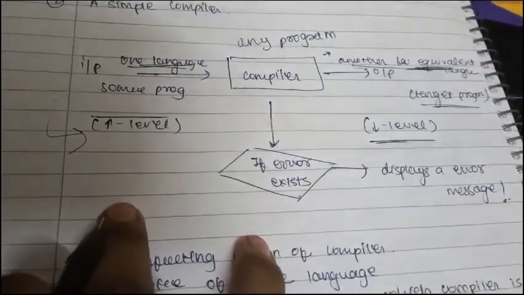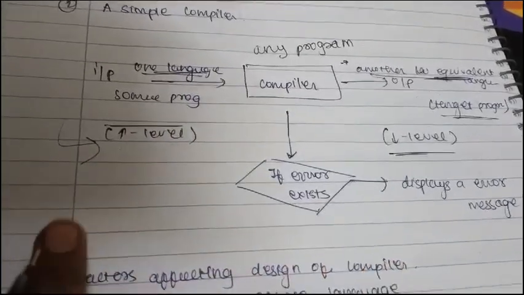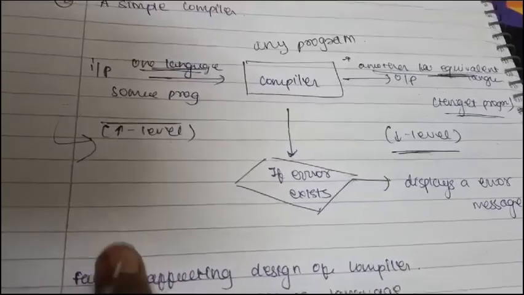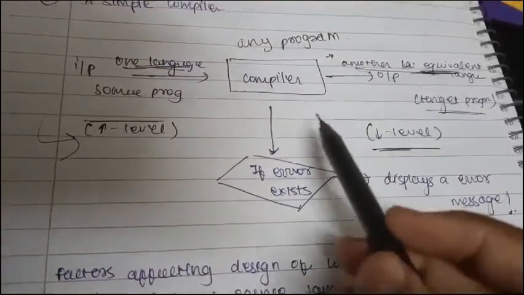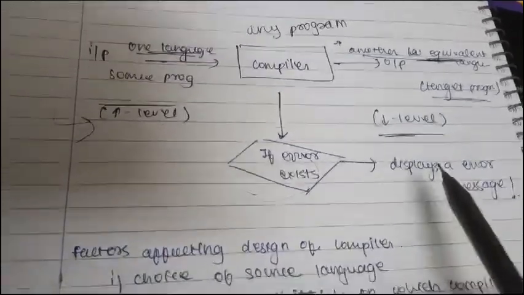Now during this translation process, if it encounters any errors, as we have seen in the functions of the translator, it raises the error. If any error exists, then it displays an error message.